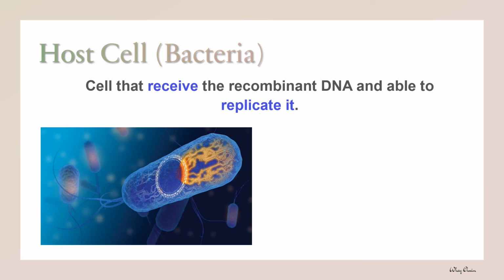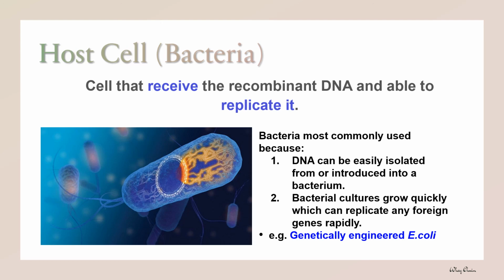Maksudnya, sel berumah bukan sahaja perlu menerima recombinant DNA yang membawa foreign gene yang bukan sama spesies dengan dia, tapi dia perlu mempertahankan satu keadaan yang optimum untuk DNA menjalankan DNA replication. Dan dalam bidang recombinant DNA technology, bakteria masih merupakan pilihan yang paling biasa sebab plasmid atau DNA bakteria ini boleh diasingkan dengan senang dan juga boleh dimasukkan semula.